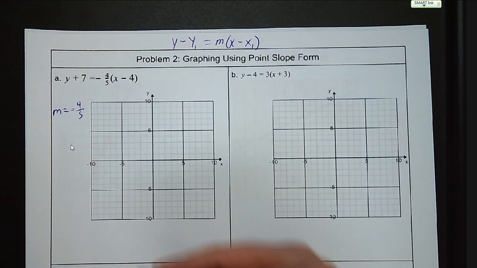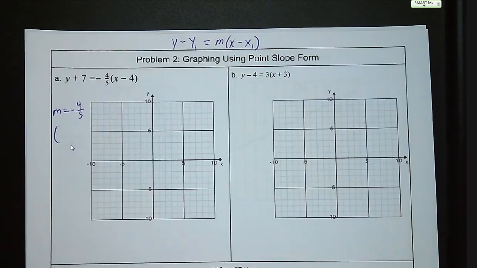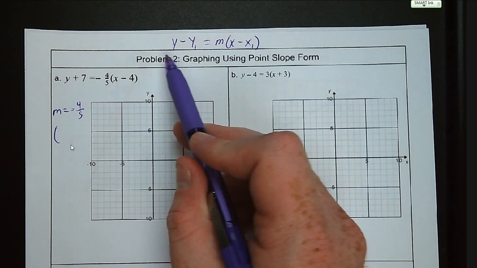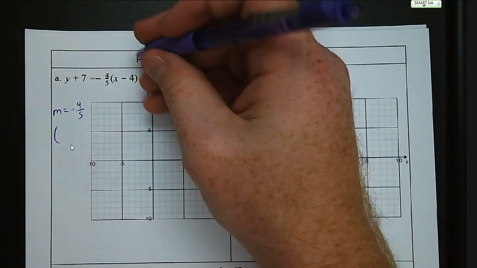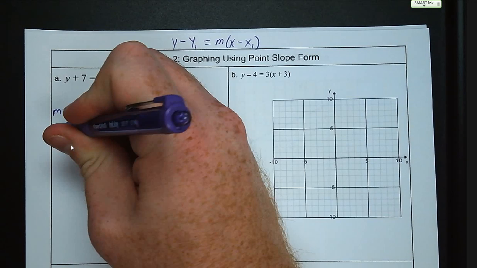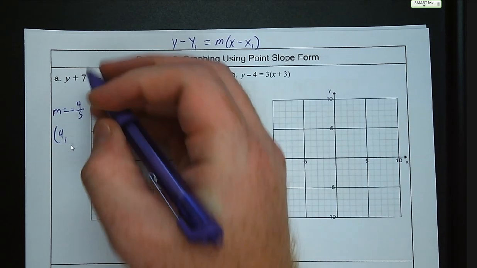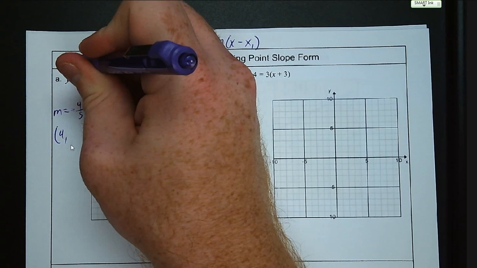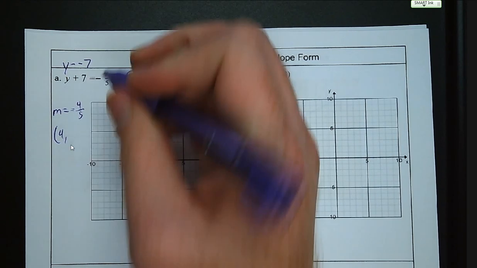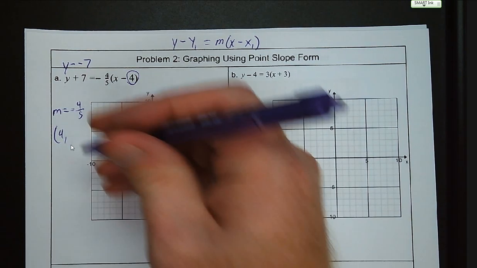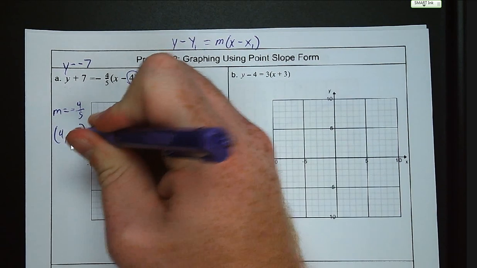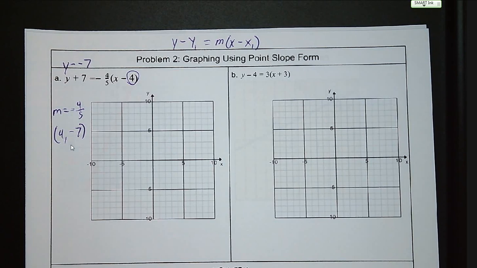So my coordinates, I have a point at, well, let's see, x minus x1. So this is a positive 4. So we have 4, comma. Well, this is supposed to be y minus y1, so it would have to be y minus negative 7 in order for us to get this plus 7. So we have a point at (4, -7).